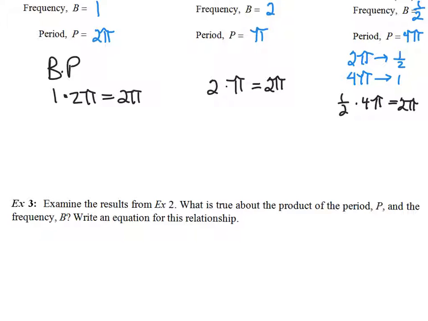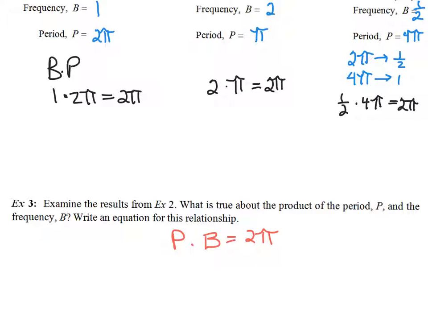So what I should notice here is when I take the product of period and frequency, I am actually always going to get 2 pi. So this should be something that's constant for our trig functions, especially sine and cosine. So P times B is equal to 2 pi.